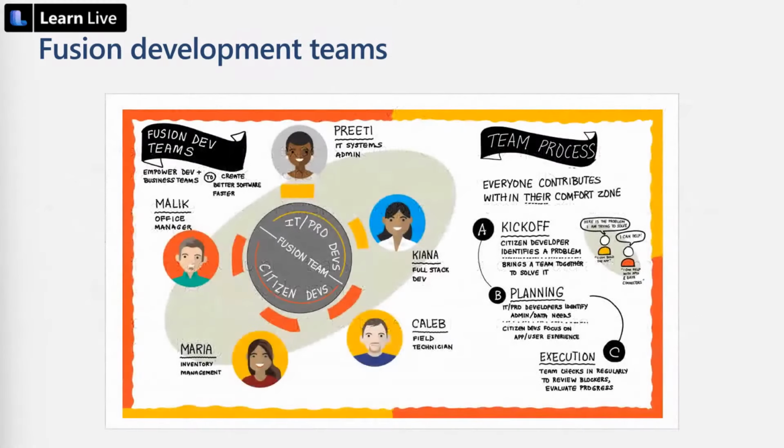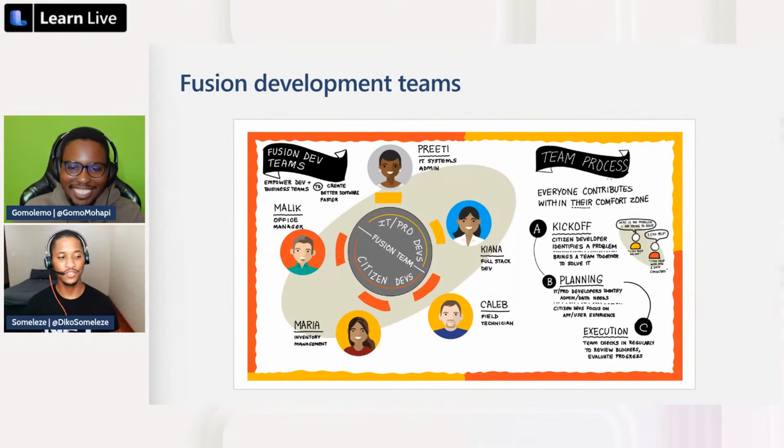Looking at the diagram in front of you on the screen, it shows how this company, Van Arstel, if I'm pronouncing it correctly, and I know Homo would like to correct me, has organized its fusion development team.